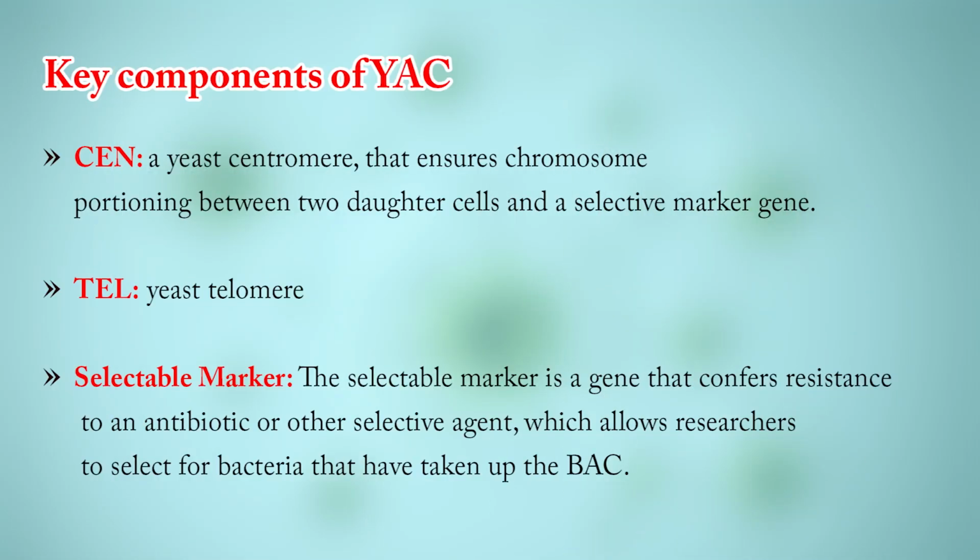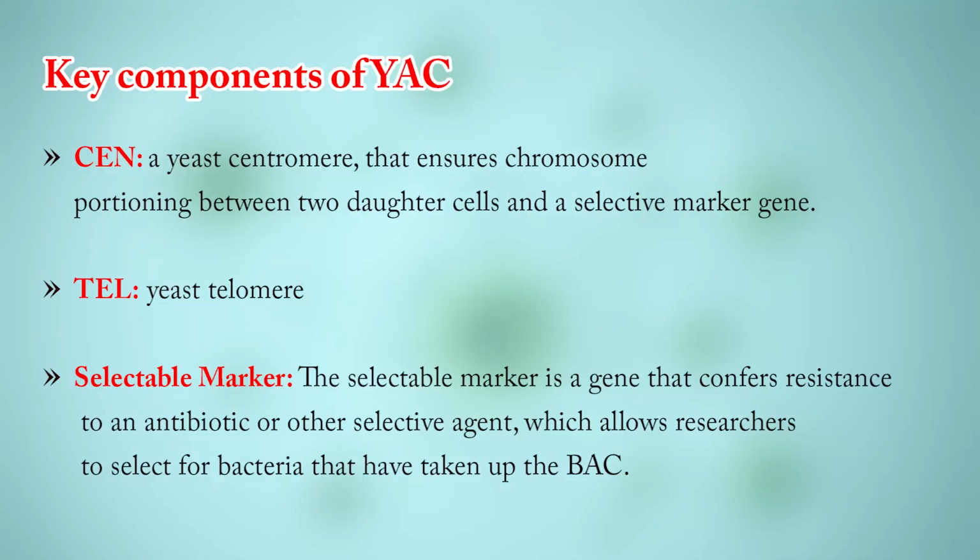In this designed version, the important sequence to be present is the centromere, and then there are yeast telomeres, which are present at the ends of the chromosome. Telomeres have important functions: they provide stability to the ends of the chromosome, and they are also important to accurately replicate the ends of the chromosome. Then you have the selectable marker, which confers resistance or some other selectable property in the host cell.